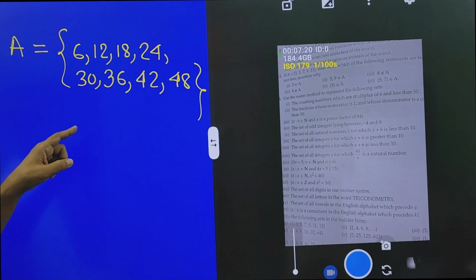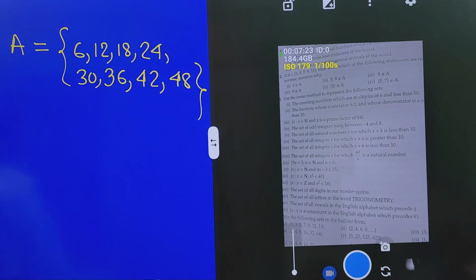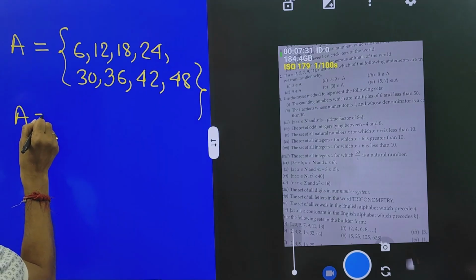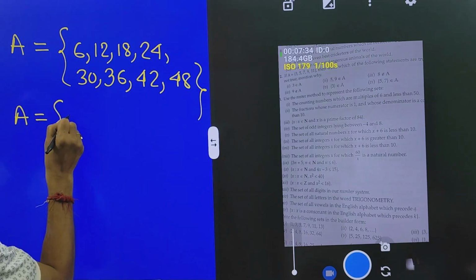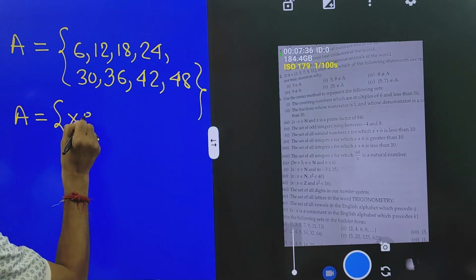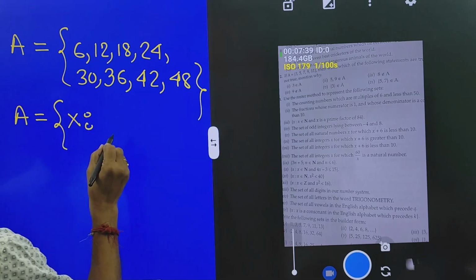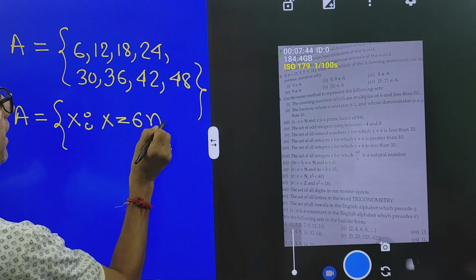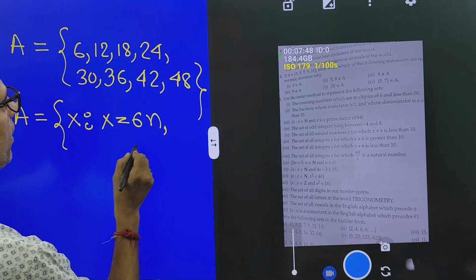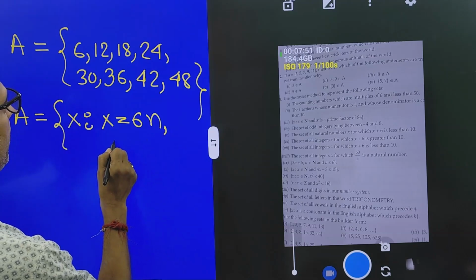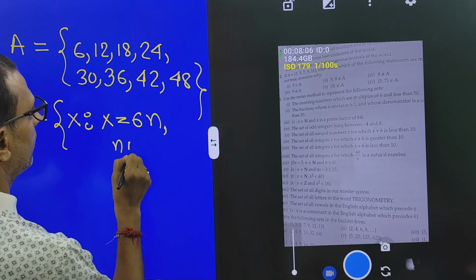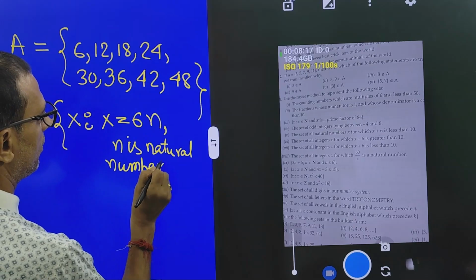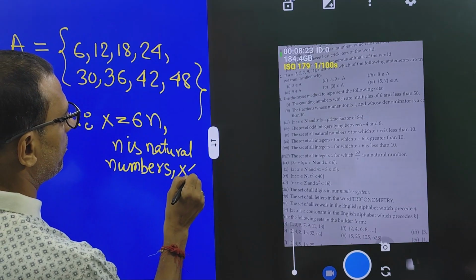And if you are asked to represent in the form of set builder or rule method, how can you do that? A equals x is the variable, colon x equals 6n, where n is a natural number, x less than 50.